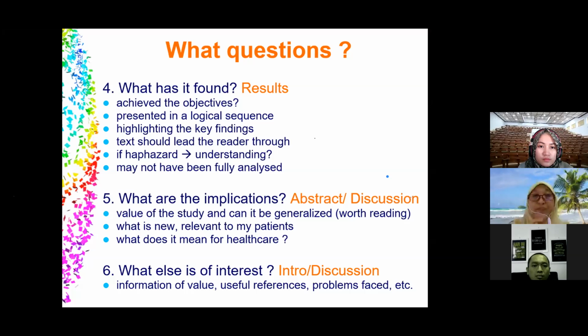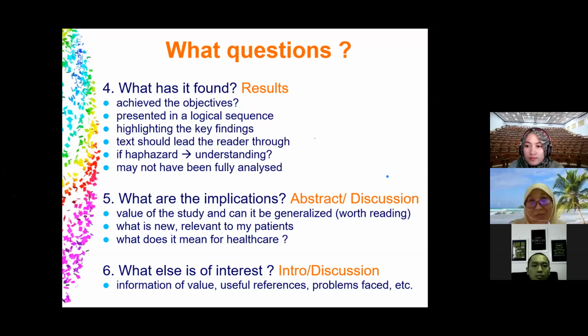You must highlight the key findings. Not everything must be put in the result. And when you read the text, it will lead you. It is very organized, there is a flow. That's a good paper. If the result is haphazard, sometimes we feel, how come it is published if it is haphazard?